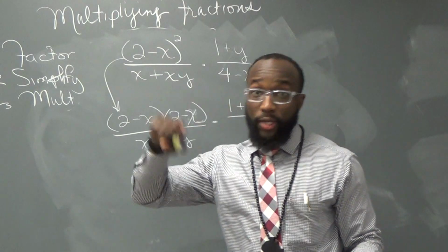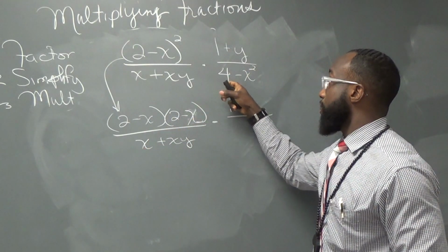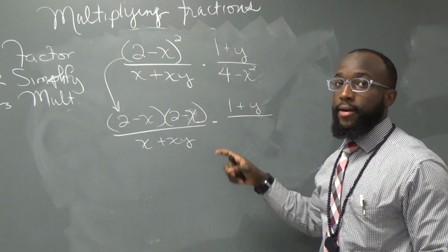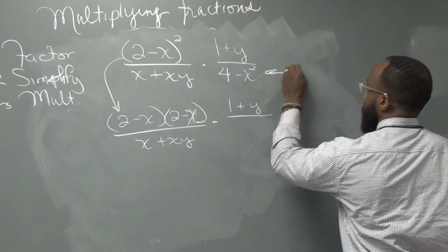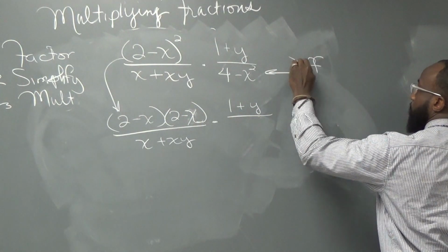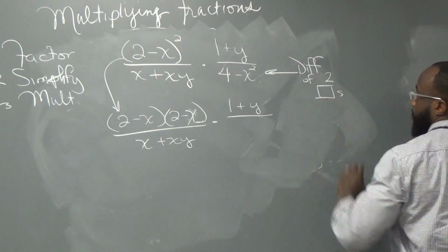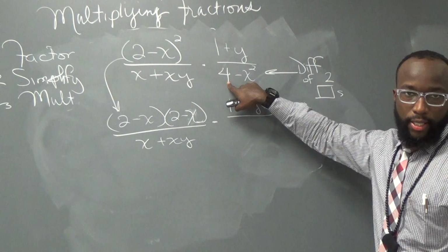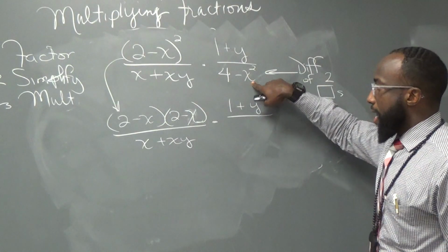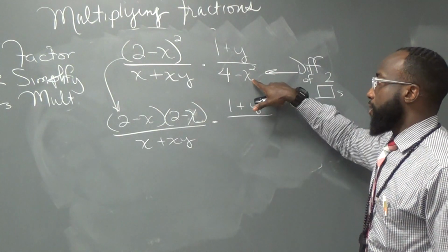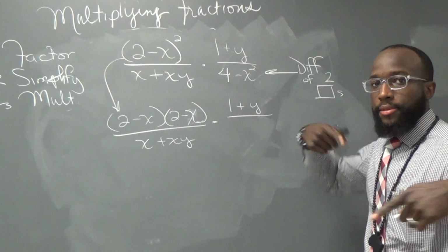Now, we can factor this one because 4 minus x squared is known as the difference of 2 squares. Because 4 is a perfect square and x squared is a perfect square, because x squared is x times x.